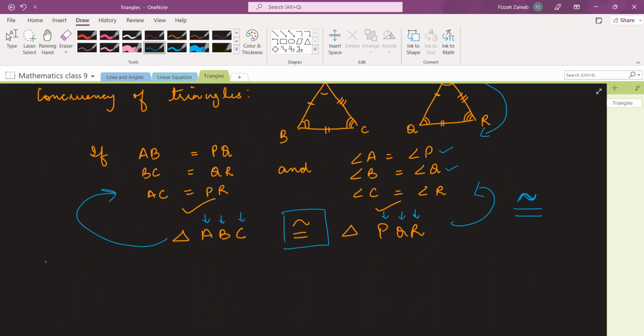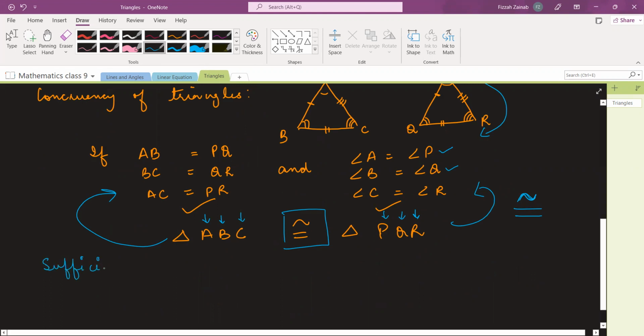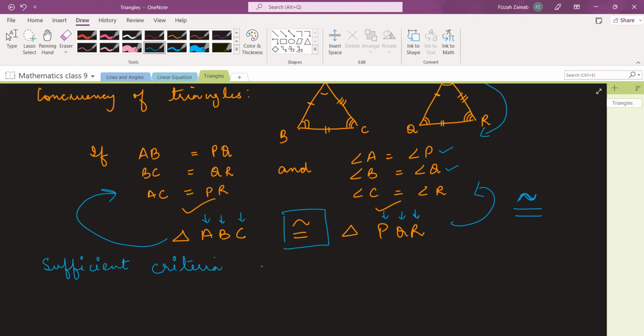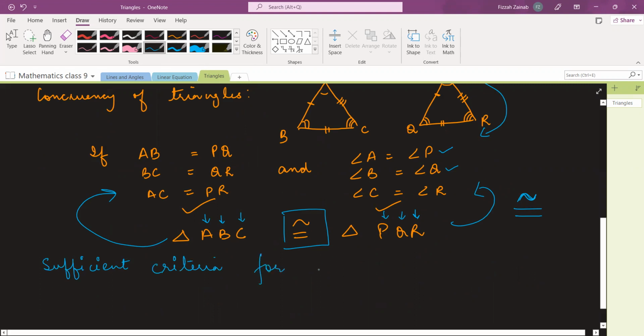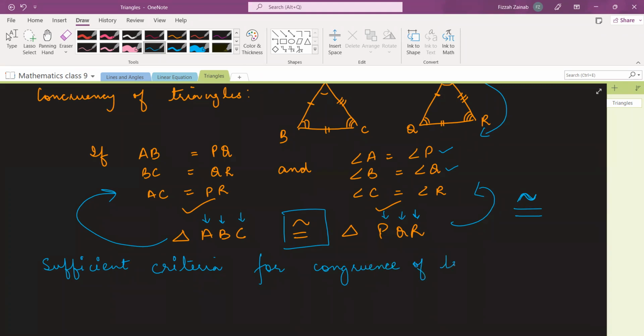So you write down sufficient conditions or criteria for congruence of triangles. Congruency or congruence of triangles, both are correct, right? So let us see conditions one by one.